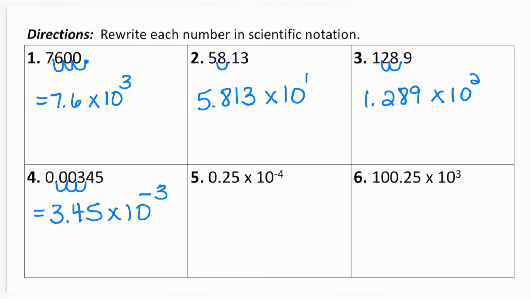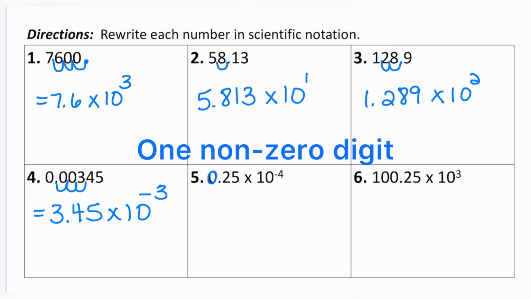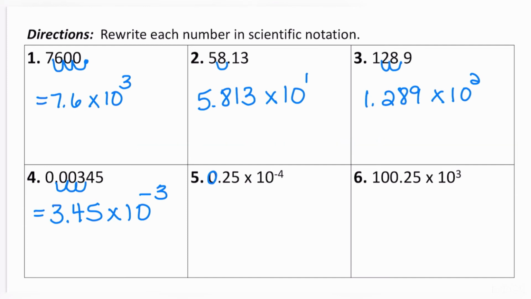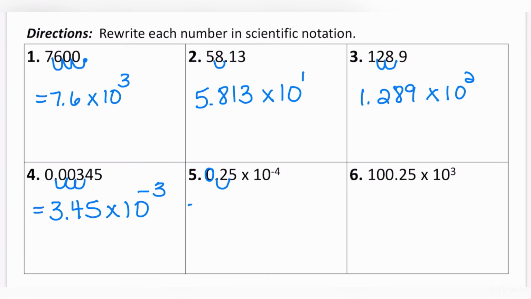In question number 5, we have the number 0.25 times 10 to the negative 4. So right now I have a 0 in front of my decimal point, but remember, you cannot have a 0 in front of the decimal point. You're supposed to have only one non-zero digit in front, which means you have to take the decimal point and move it after the 2.